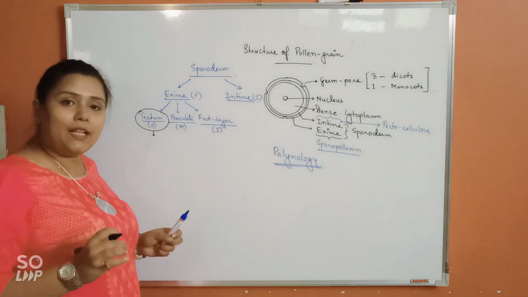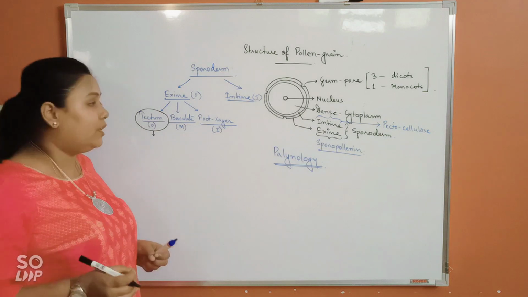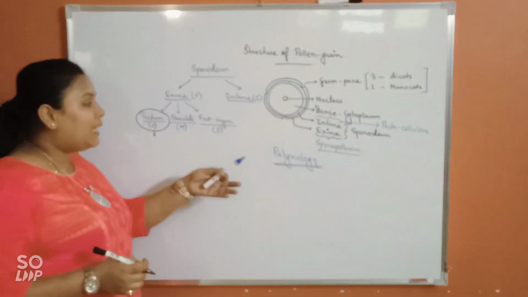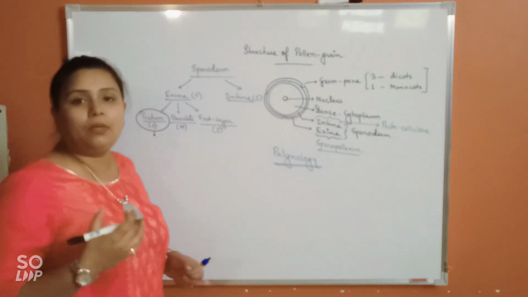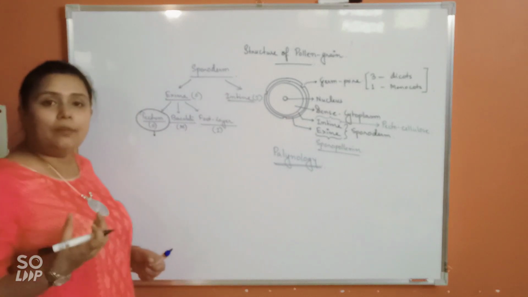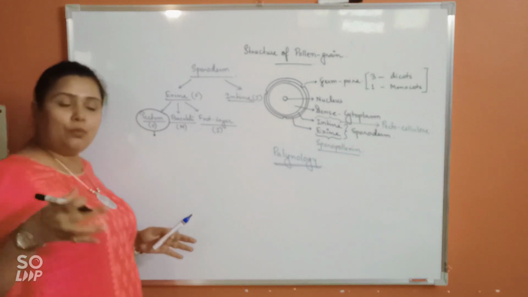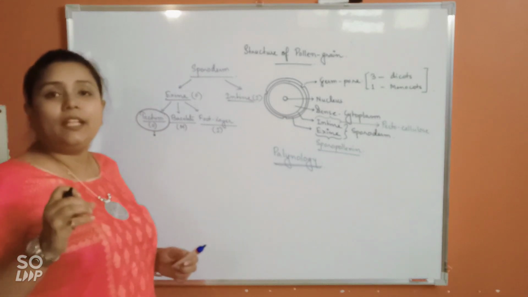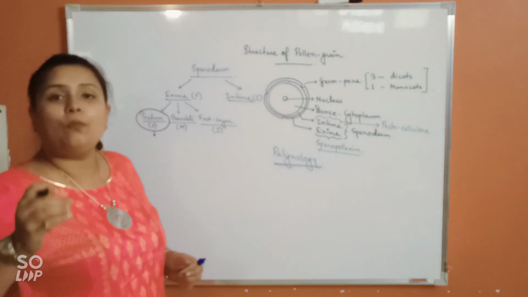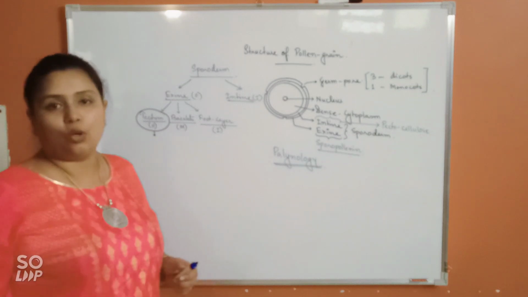So these designs, sculpturings or patterns allow the palynologists, those scientists who study pollen grains, to study the sculpturing of the outermost surface of the pollen grain, and then identify the species to which the pollen grain belongs.